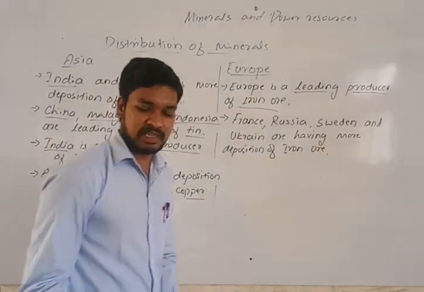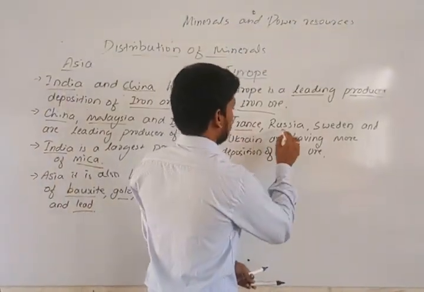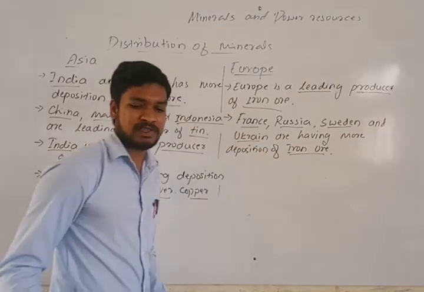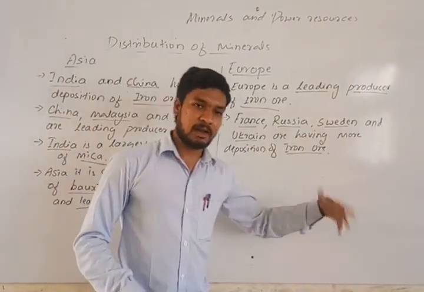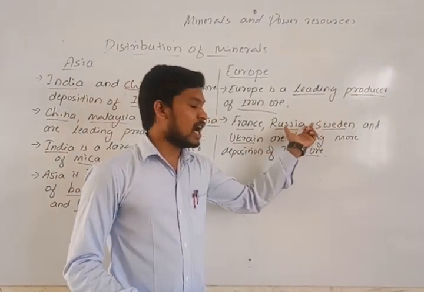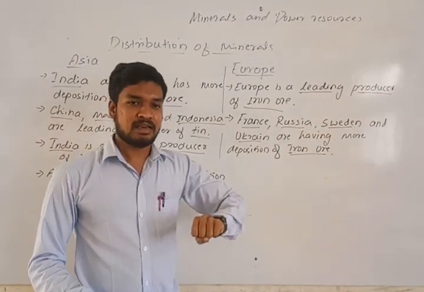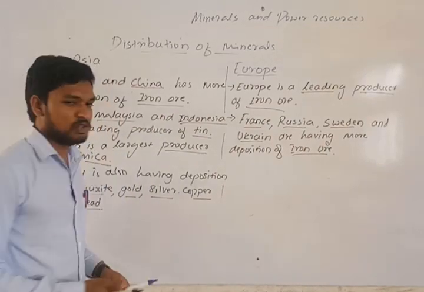Mainly from these 3 or 4 important countries, the iron ore is extracted and produced in Europe. So that's the reason Europe is the largest producer of iron ore. Not only these 4, there are many others, but the amount of iron ore extracted is more in these 3 or 4 important countries in Europe.